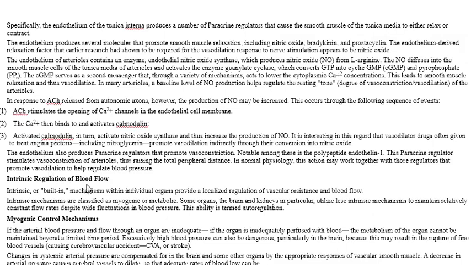And I already talked about the local regulation, we call it intrinsic. Inside the organ, it regulates the vascular resistance and the blood flow. Intrinsic mechanisms are classified as myogenic or metabolic. Some organs, like the brain and kidney in particular, utilize the intrinsic mechanism, while others utilize other mechanisms. The myogenic control mechanism, as I said before, we talk about it for a short period.